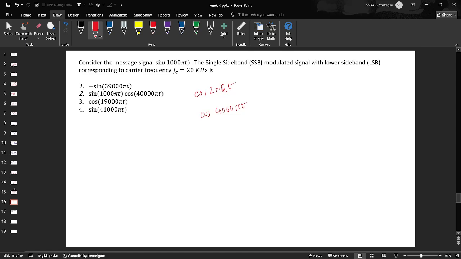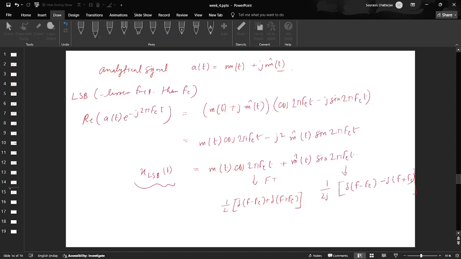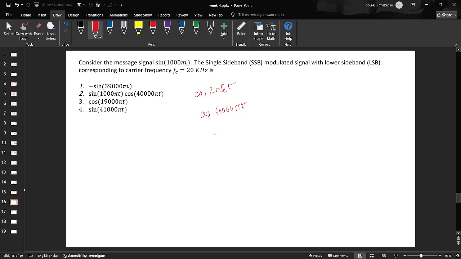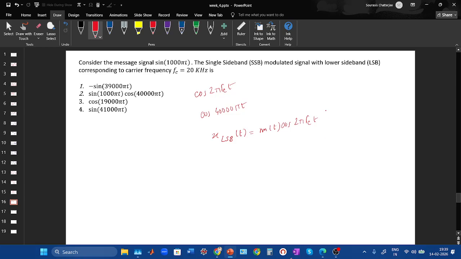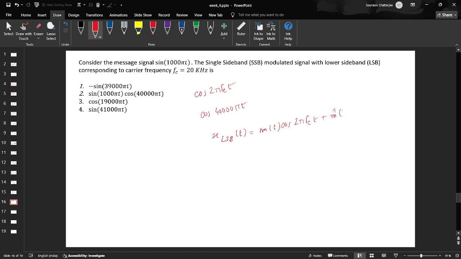Just now we have seen the time domain representation of the lower sideband signal: m(t)cos(2πfct) plus m hat(t) sin(2πfct). Let me write it down. The lower sideband signal is going to be m(t)cos(2πfct) plus the Hilbert transform version of the signal times sin(2πfct).